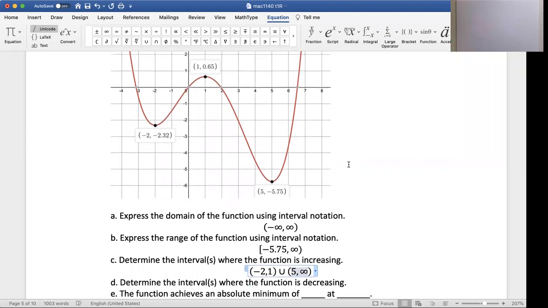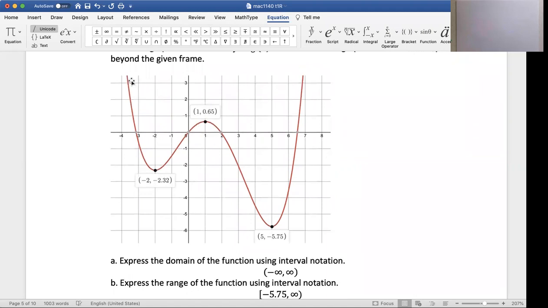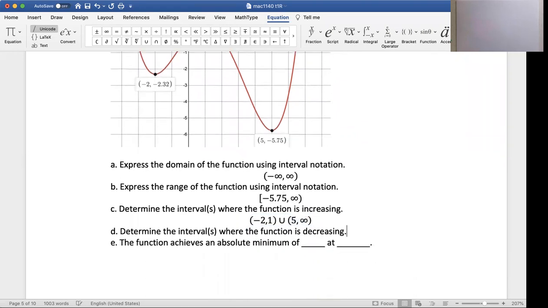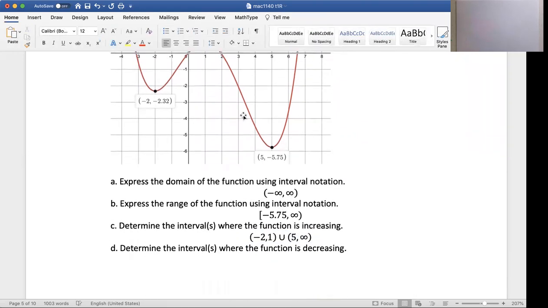Now, where is it decreasing? Where is it falling? It's falling here, and it's falling here. So it's falling from negative infinity to negative 2, and it's falling from 1 to 5. So let's put that down there.